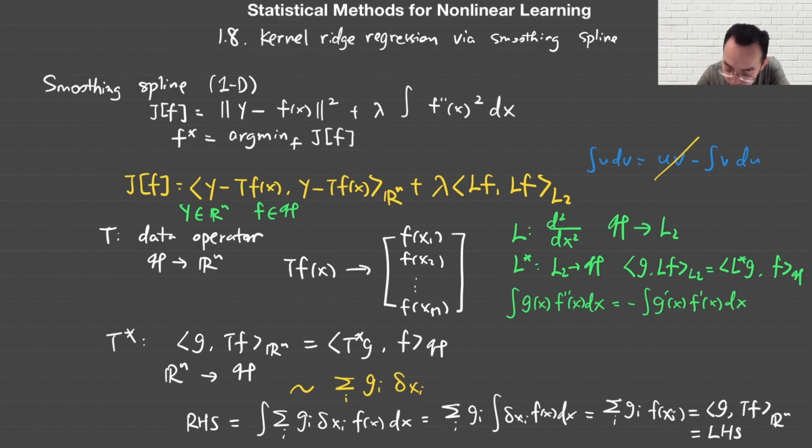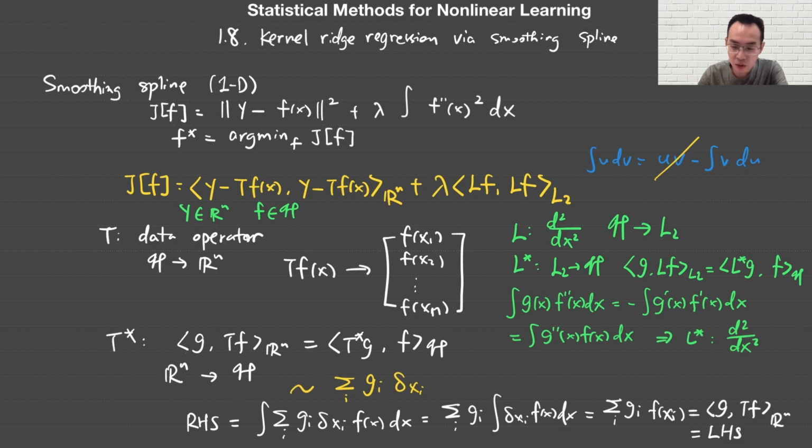That gives us the integral of g''(x) f(x) dx. This indicates that L star is also the second derivative operator. Okay, good. Now we have defined all the operators and redefined the problem of smoothing spline in function space.